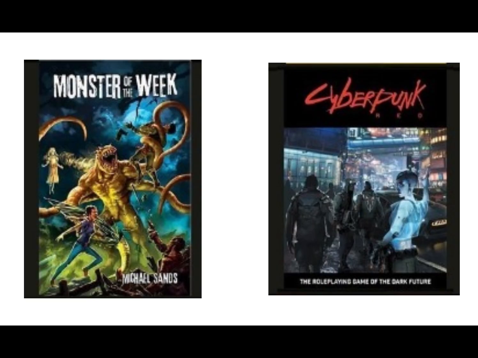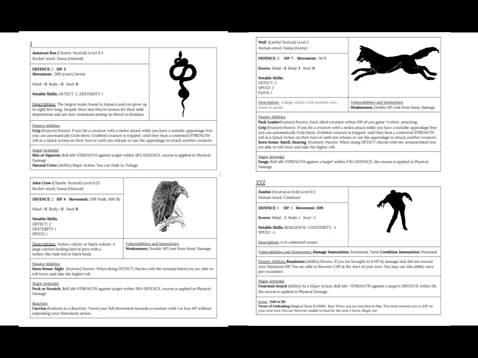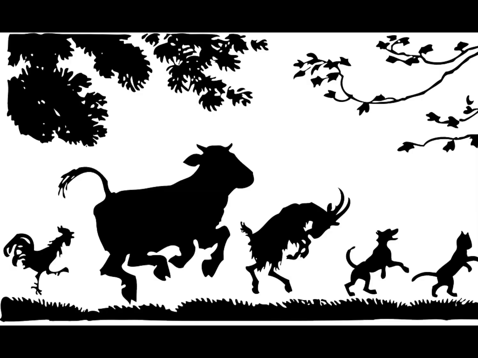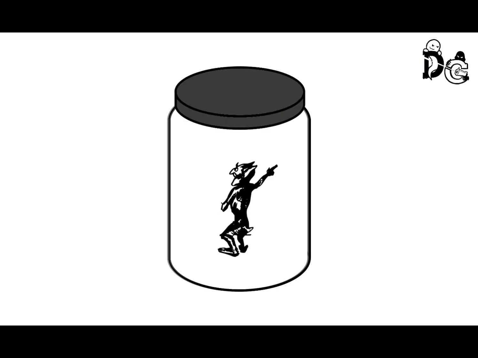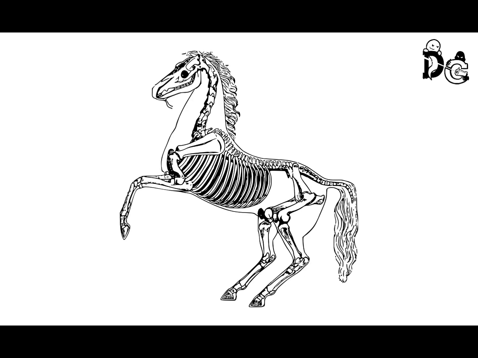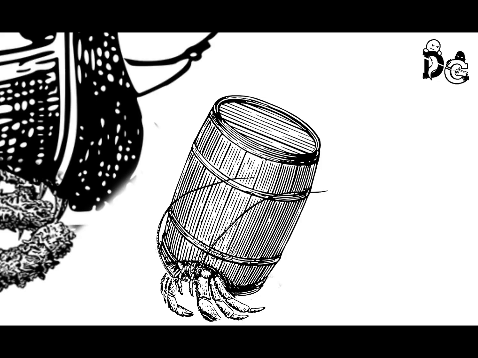The reason I needed to list size categories in Duppies and Gunmen was not only for visualization, but because it affected stat blocks. I would be creating flora and fauna and persons and spirits that would inhabit this world. HP, for instance, would be loosely based on how bulky a creature is. Defense also factors in how hard a tiny target would be to hit versus a big one, or how tough and armored a big target might be compared to a small one.